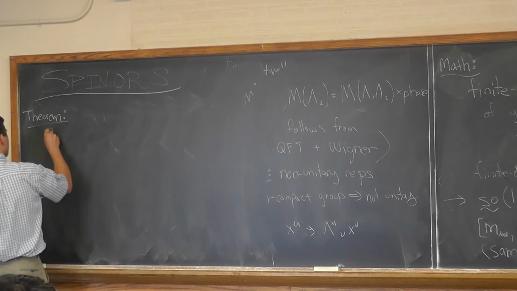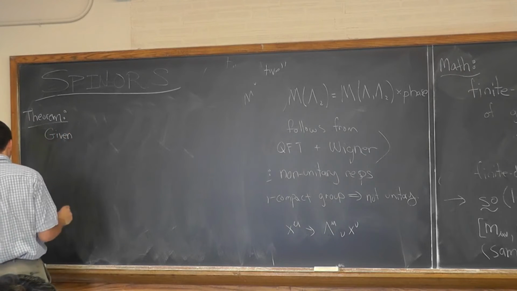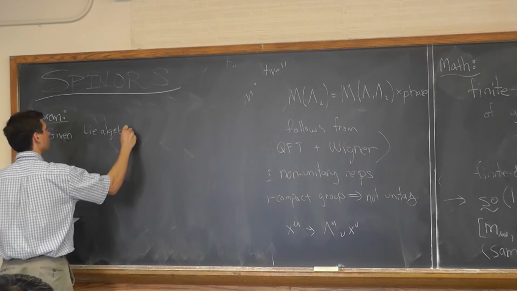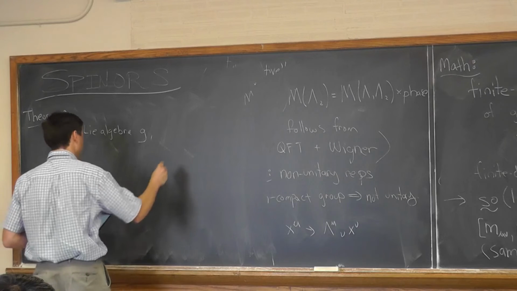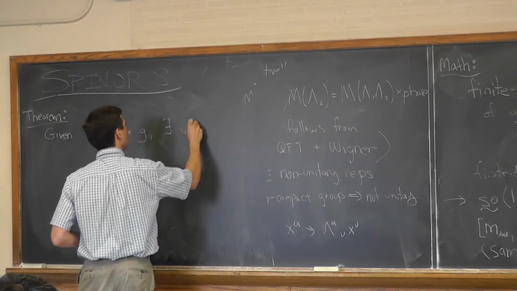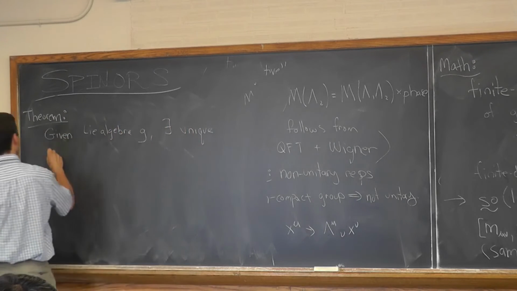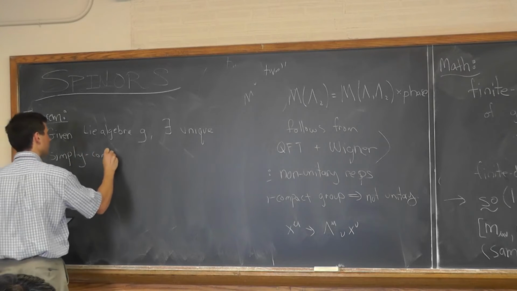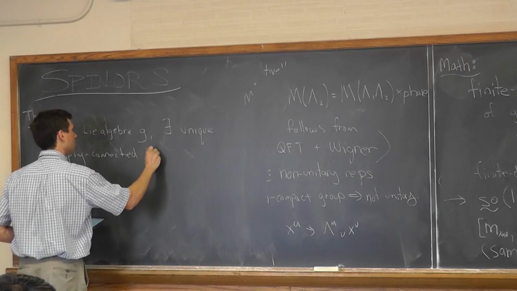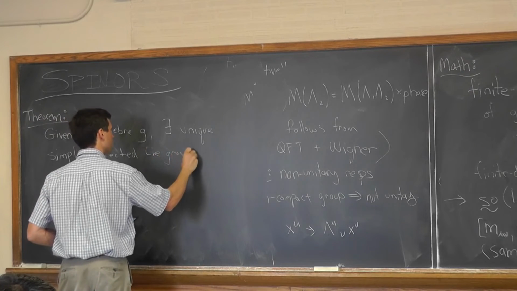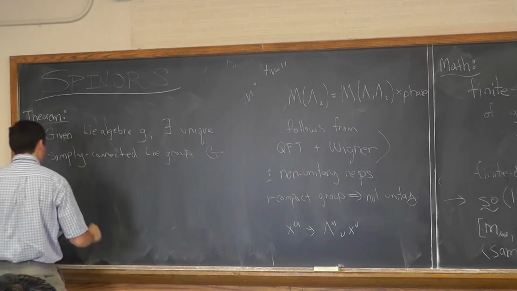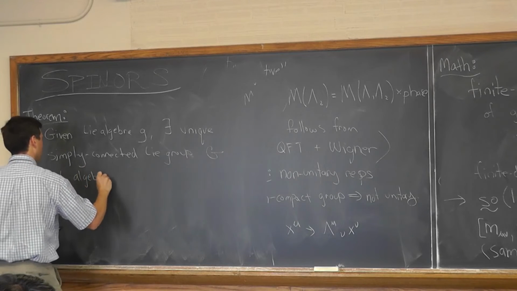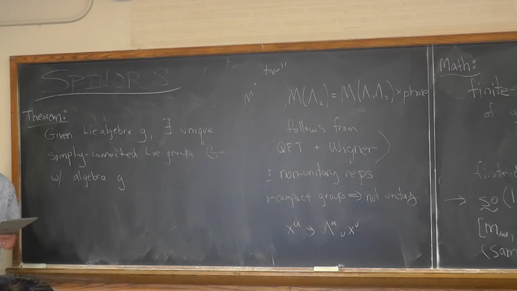So the first is that given a Lie algebra g, there's a unique simply connected group G with the algebra little g.